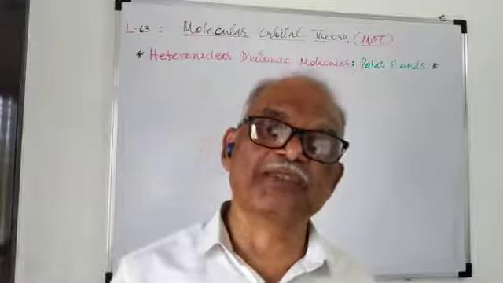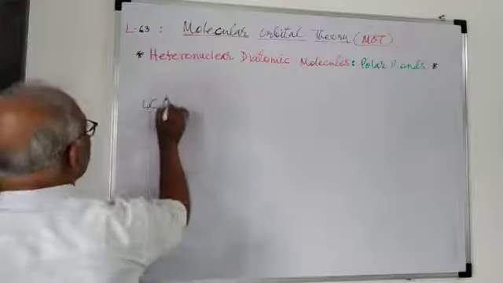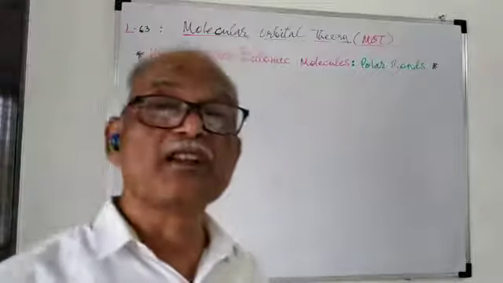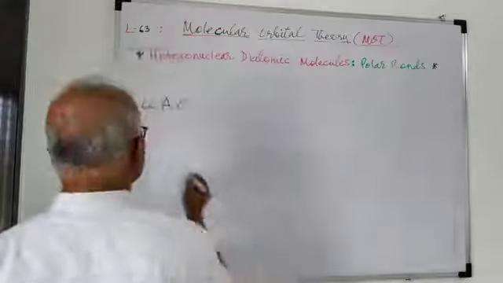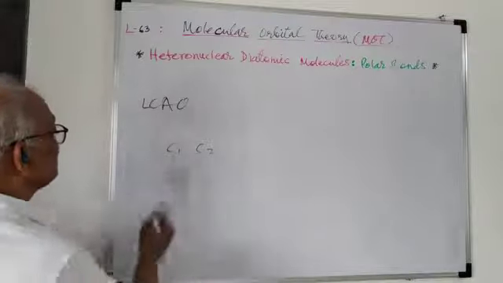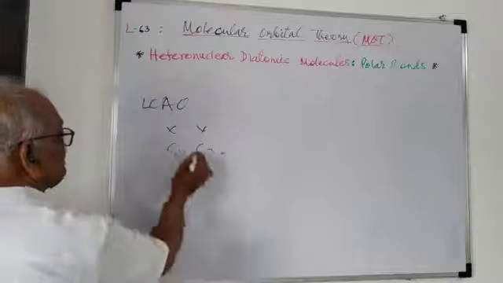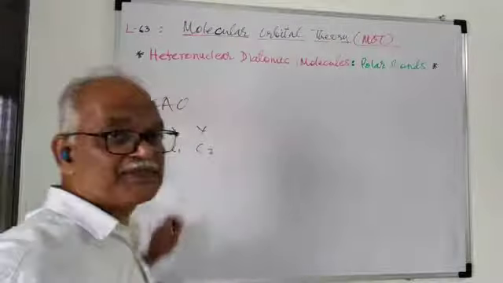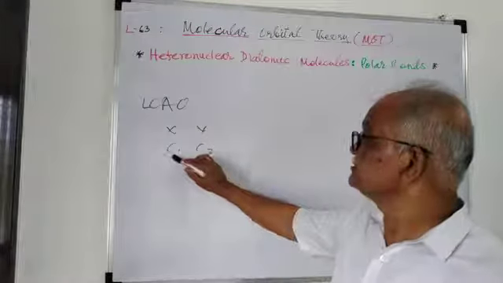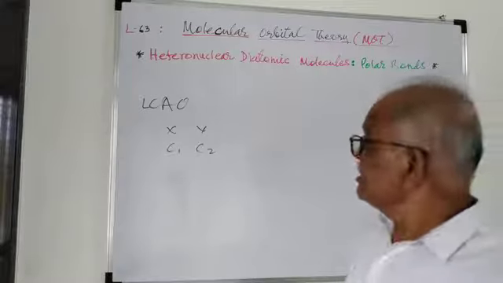When we apply Schrodinger's wave theory, or in short the LCAO principle, linear combination of atomic orbitals, we also make use of the terms such as C1, C2, say for one atom X and the other atom Y. This indicates the contribution of the atomic orbital to the molecular orbital under consideration.